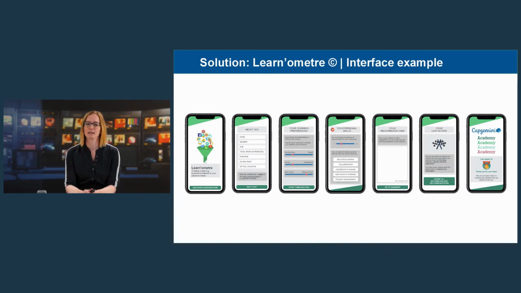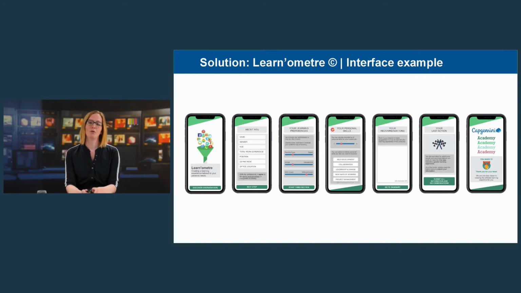So what kind of learning resources, and what kind of learning preferences: do you like to learn mostly digitally or more in the classroom? It also depends on the skills that you put in. So you really give a lot of data about your learning preferences, about your skills, and about the way you learn.